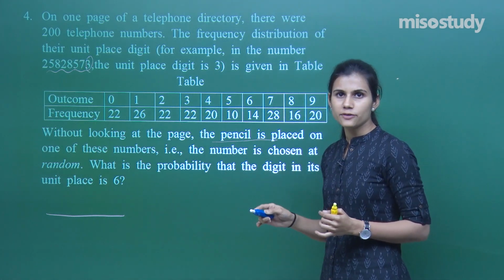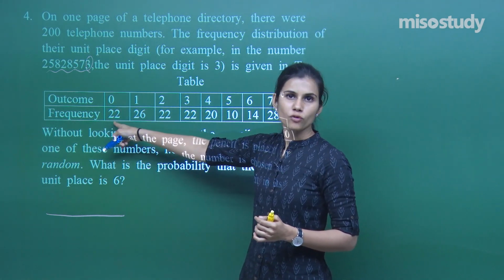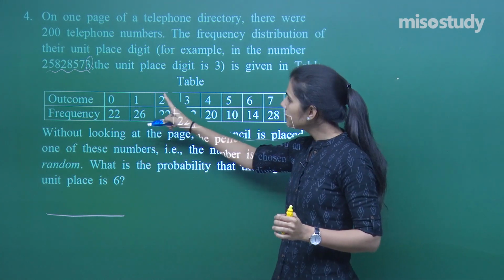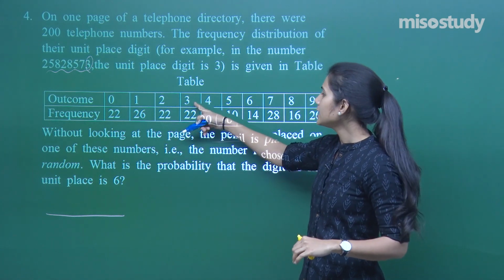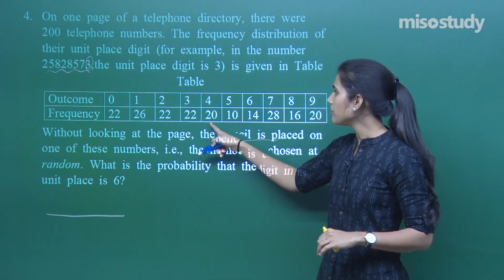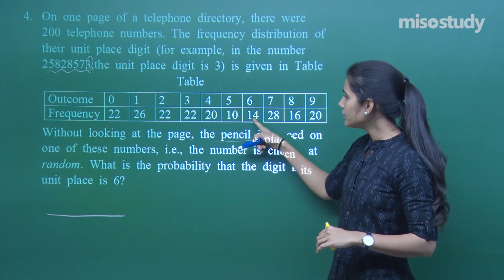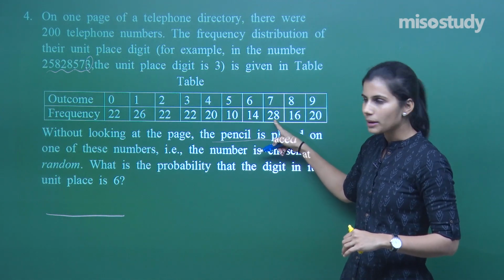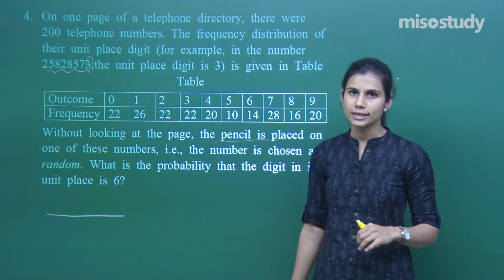In those 200 telephone numbers, 0 was the unit digit in 22 phone numbers, 1 in 26 numbers, 2 in 22 phone numbers, 3 in 22 phone numbers, 4 in 20 phone numbers, 5 in 10 phone numbers, 6 in 14 phone numbers, 7 in 28 phone numbers, 8 in 16 phone numbers, and 9 in 20 phone numbers.